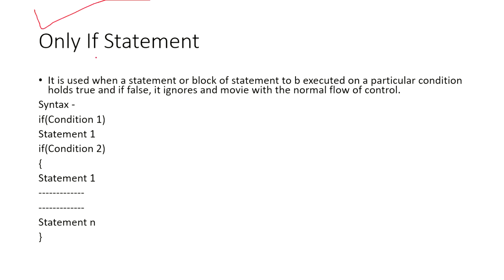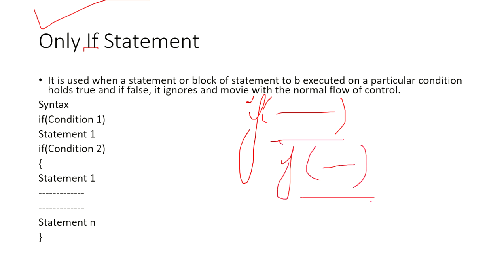Only if means the whole program is using conditions. During conditions you input only if statements: if first condition, first statement; if second condition, second statement; if third condition, third statement, and so on.